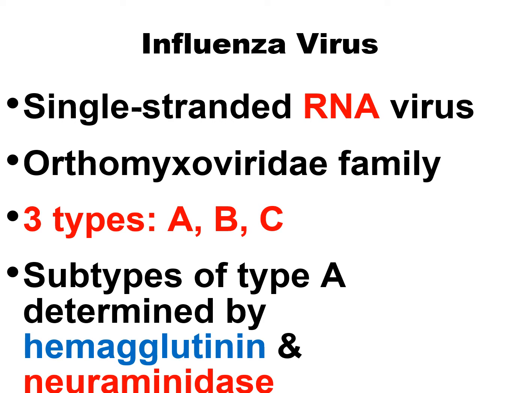Influenza virus, single-stranded RNA virus, also Myxoviridae family. 3 types, A, B, C. Subtypes of type A determined by hemagglutinin and neuraminidase.